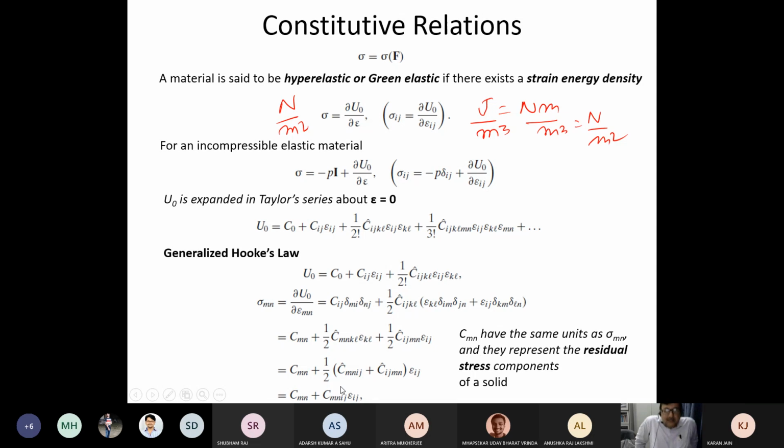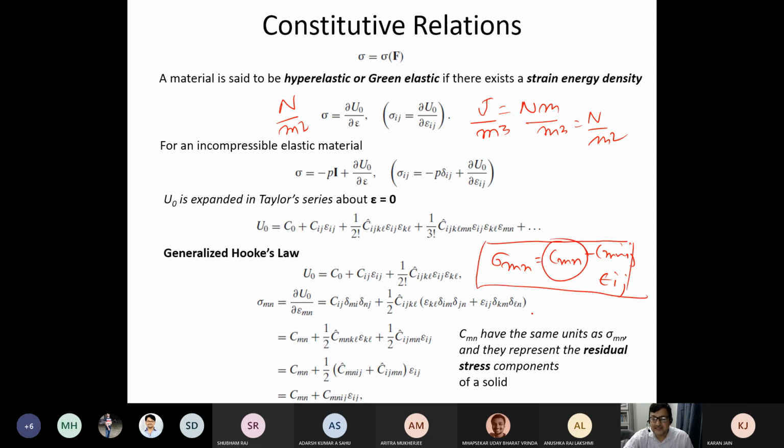So if you are doing a Taylor series expansion with respect to sigma mn, you will finally get Cmn plus Cmn ij epsilon ij. This is the most general form of Hooke's law, where the Cmn is associated with the term called residual stress.